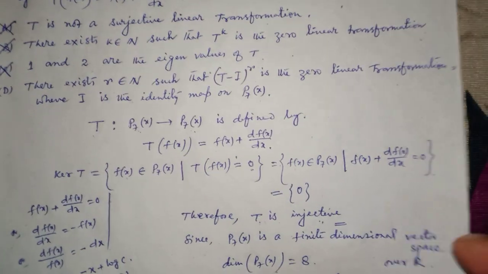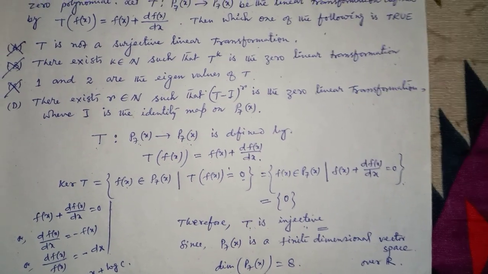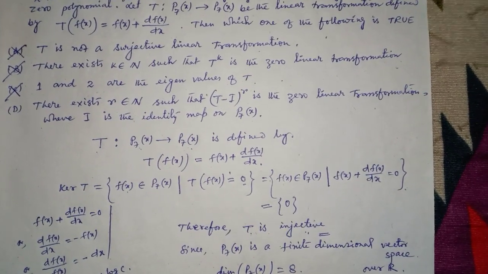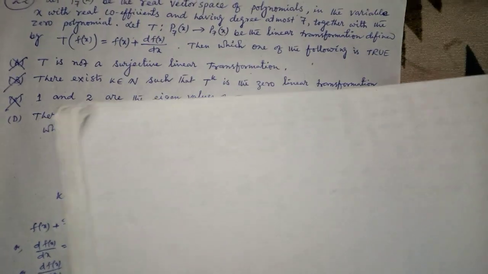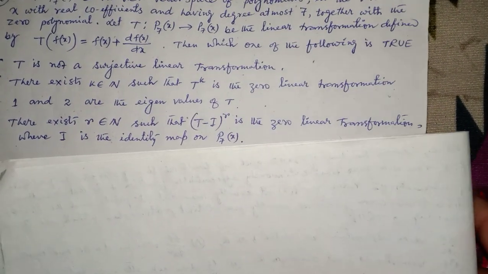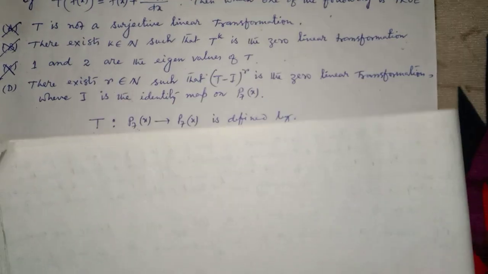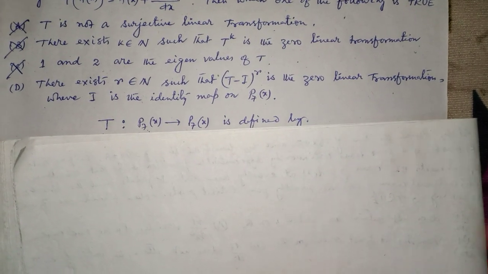In option D, we see that there exists r belongs to N, that means r is a natural number, such that (T − I) to the power r is the zero linear transformation.